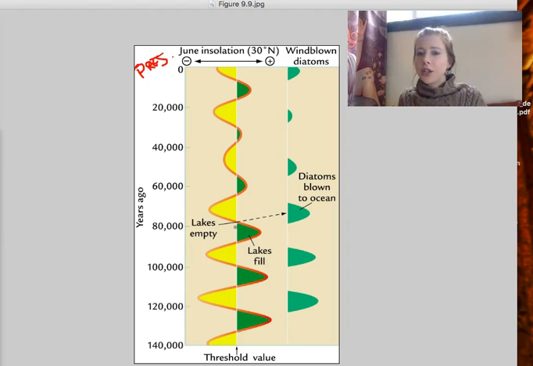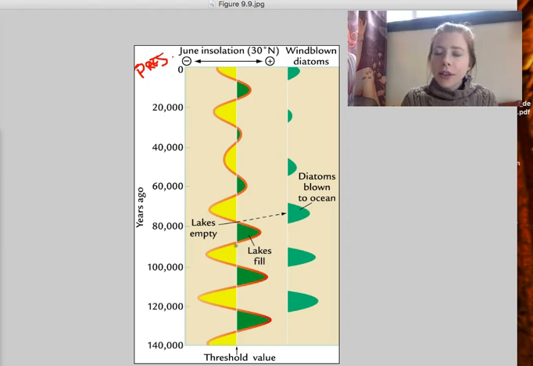So the green represents the conditions where they're strong enough for lakes to fill, and the yellow represents conditions where monsoons are weaker, and so the lakes do not fill. And so what happens then is these lakes fill, and you'll see when you read through the text some of the different circumstances that happen when lakes fill. For example, the Nile, there's more runoff coming off the Nile, which is saline, and you get this salt cap over the lakes. So definitely go through that and make sure that you have a handle on that process.